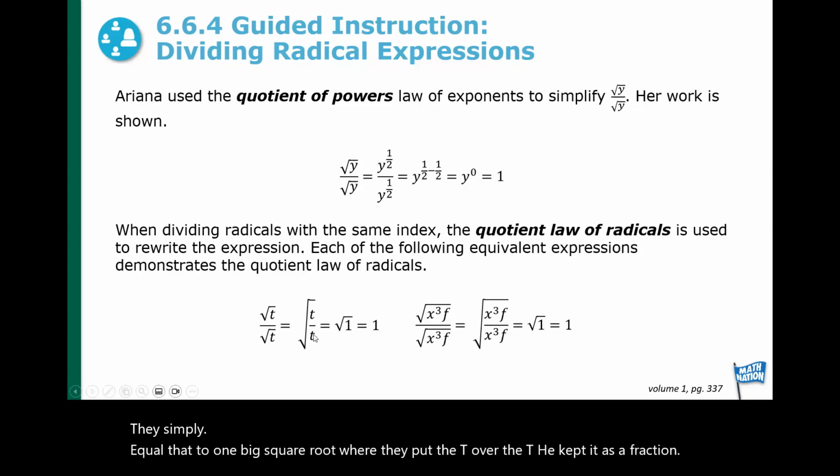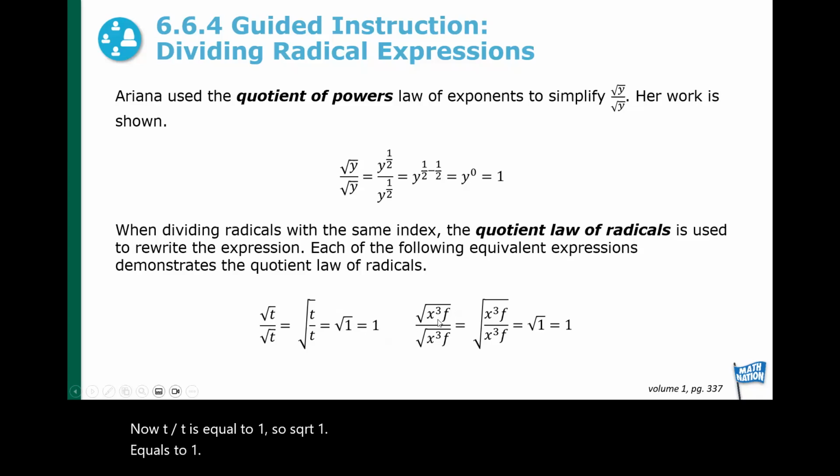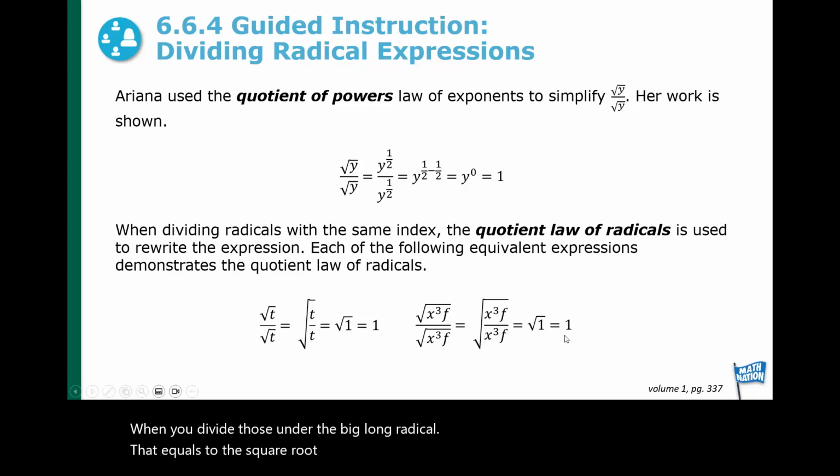Now t divided by t is equal to 1, so the square root of 1 equals 1. In the next example, the square root of x to the third times f over the square root of x to the third times f, when you divide those under the big radical, that equals the square root of 1, which is equal to 1.